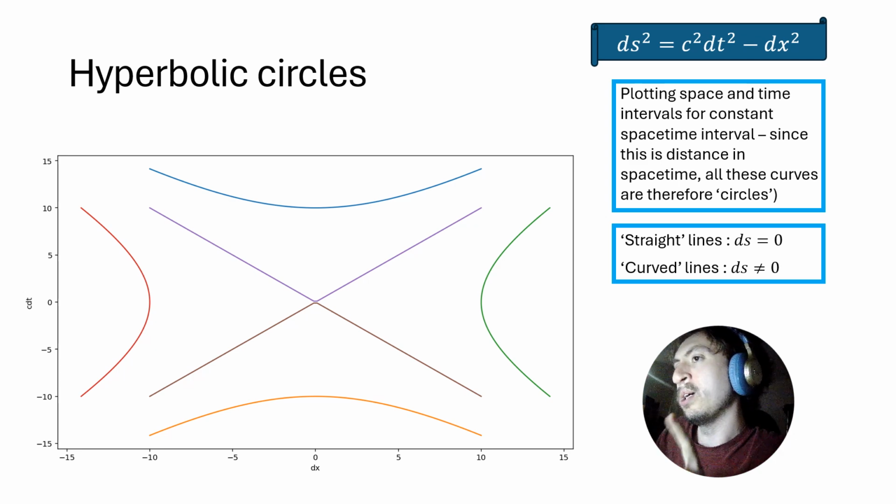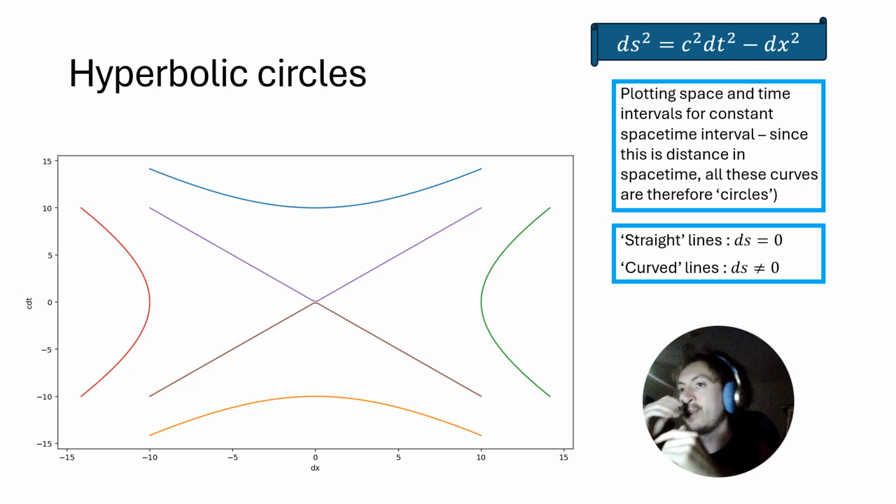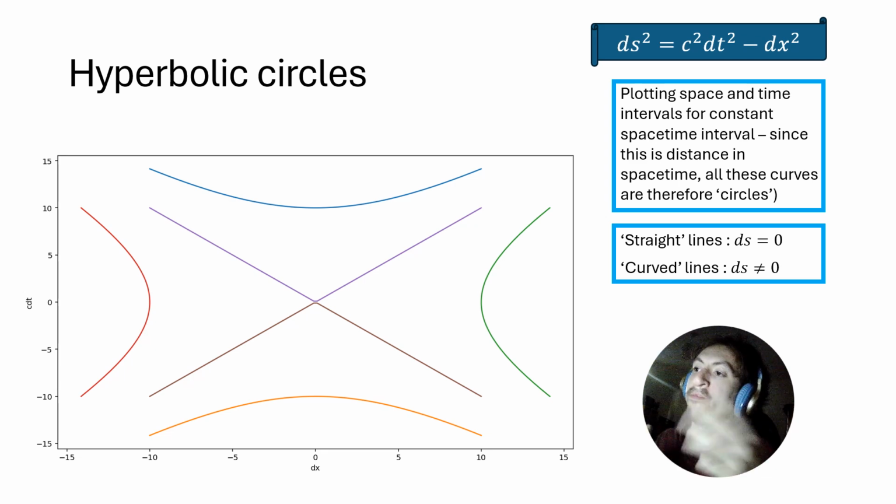An interesting thing about these hyperbola is if we carry on this to infinity. If we had, say, a hyperbolic version of an infinite circle, then all these hyperbola would indeed meet.